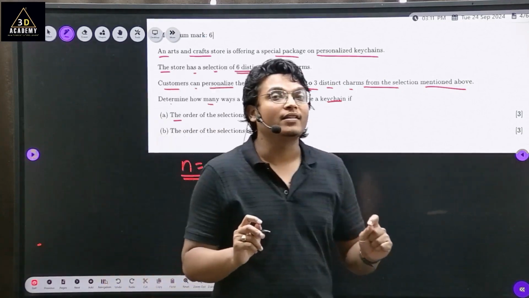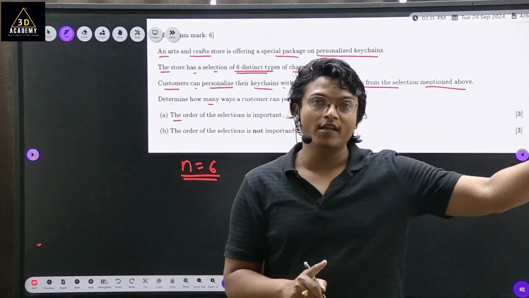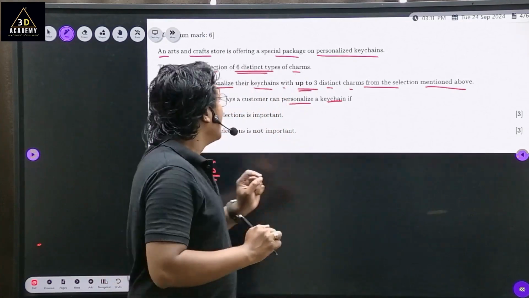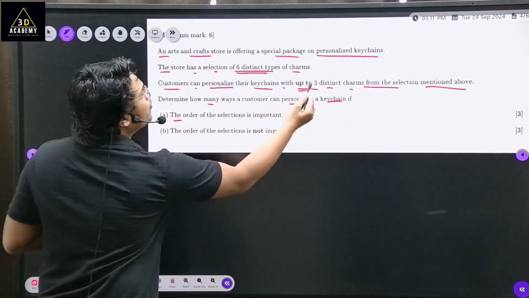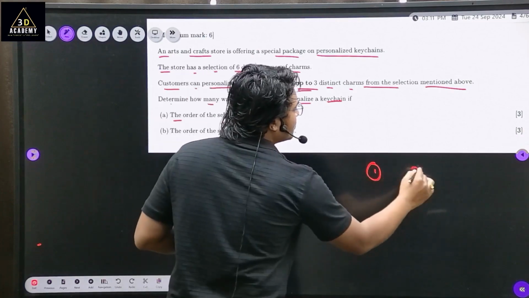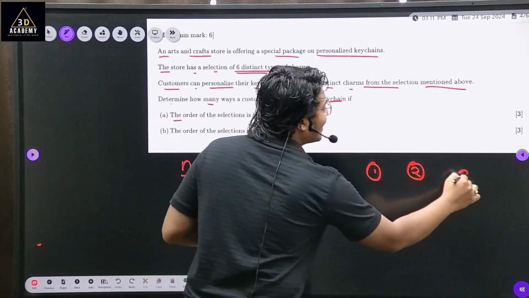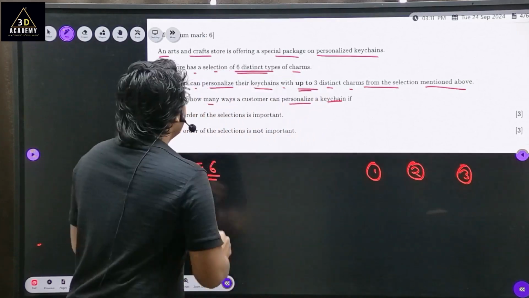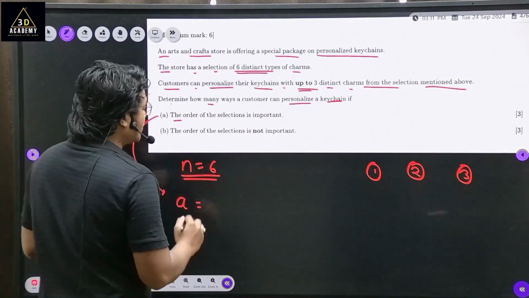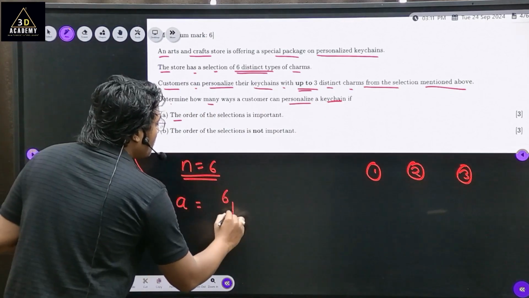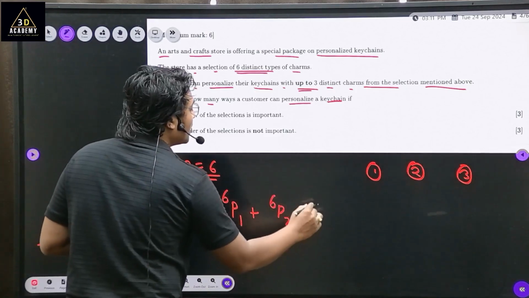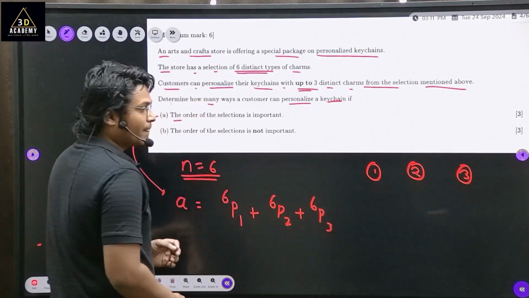Now remember one thing. In permutations, order is important. In combinations, order is not important. Correct? Now, it says up to 3. So I can select 1, or I can select 2, or I can select 3. Correct? So for the first answer, A is nothing but permutation 6P1 plus 6P2 plus 6P3.